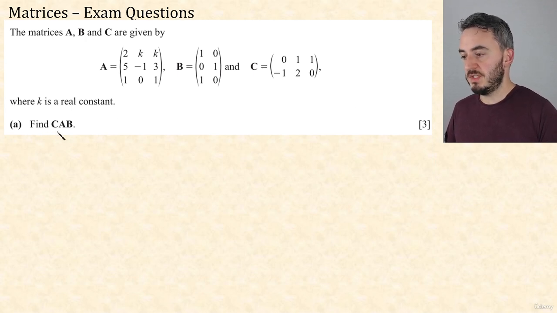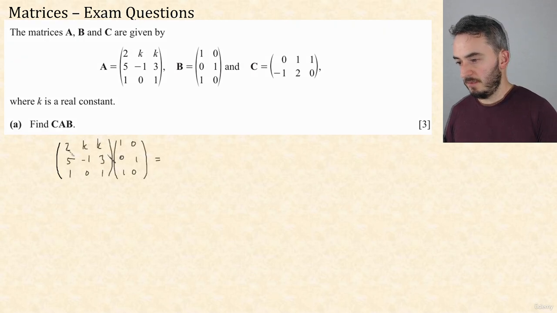In the sense, I can do CA first and then times by B, or I can do AB first and then left multiplied by C. That doesn't matter. So let's do AB first. Okay, here we get 2 plus 0 plus k, so 2 plus k. Then it's 0 plus k plus 0, so k.